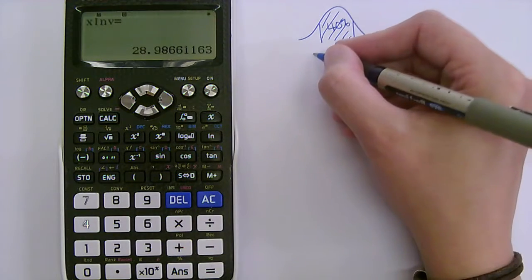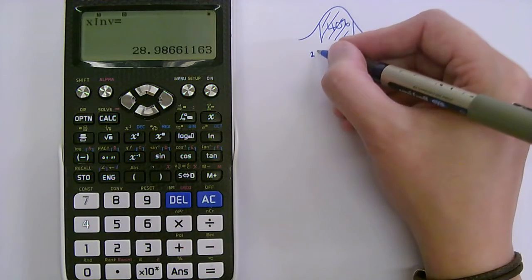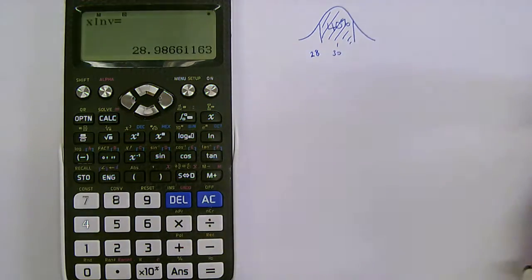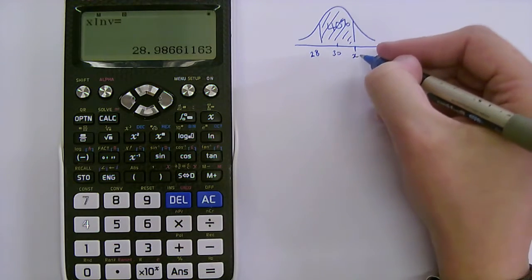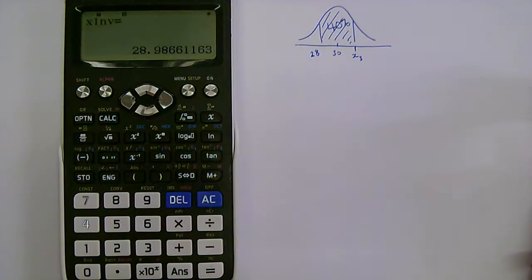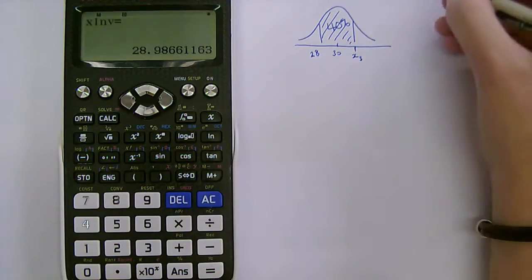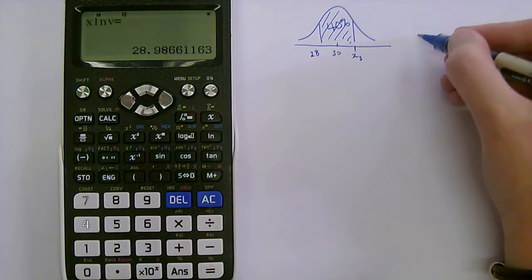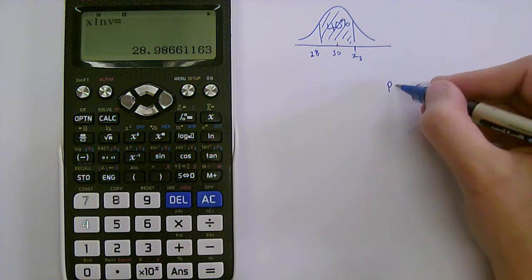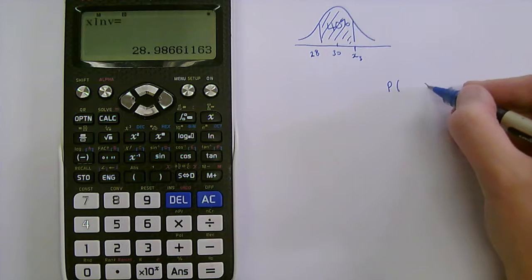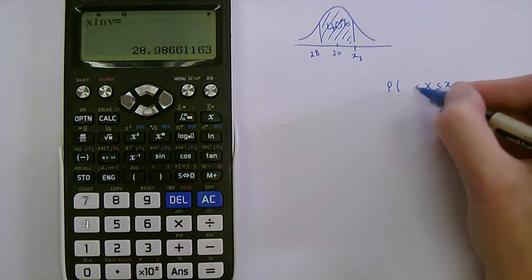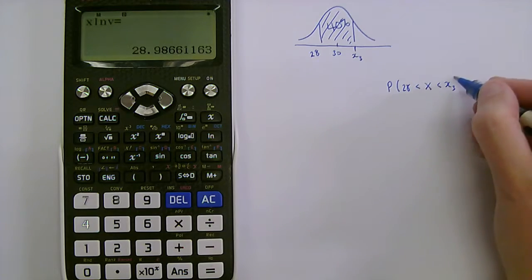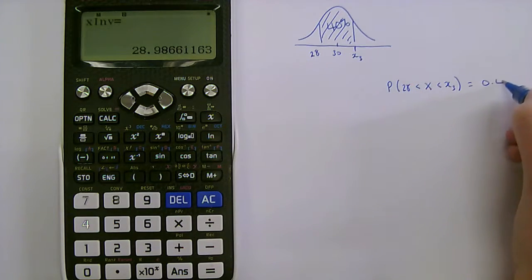So if that's, for example, 28, let's say for argument's sake, what will this value be? Let's call that x3. So let's write down what we're calculating. We need the probability of x being between x3 and 28. We need that to be 40%.